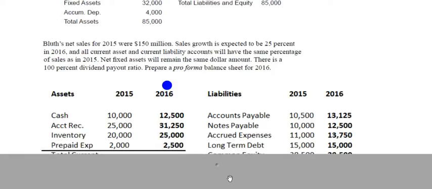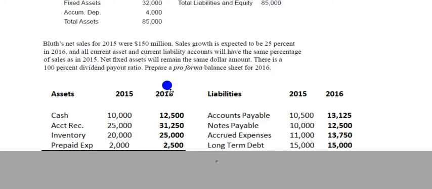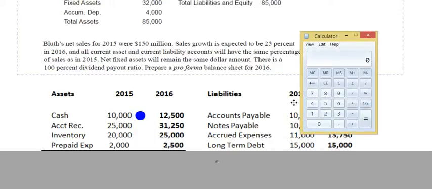So we can just scoot down to here, and what we simply do is multiply the dollar amounts for 2015 by 1.25, and that's going to give us a 25% increase over here.